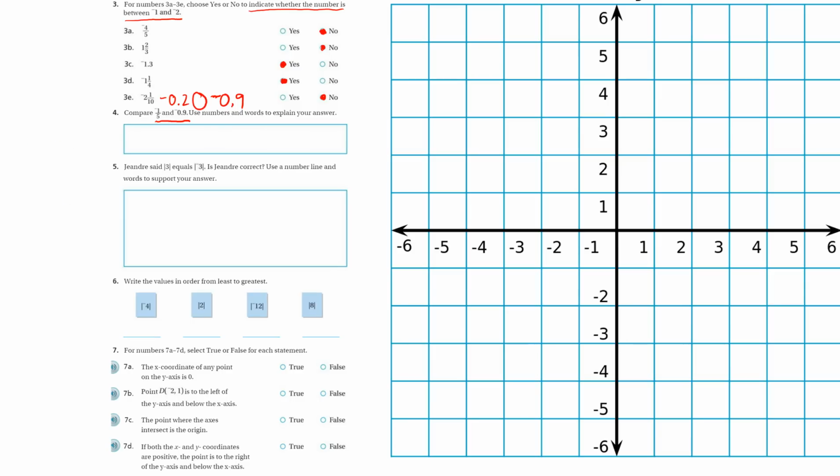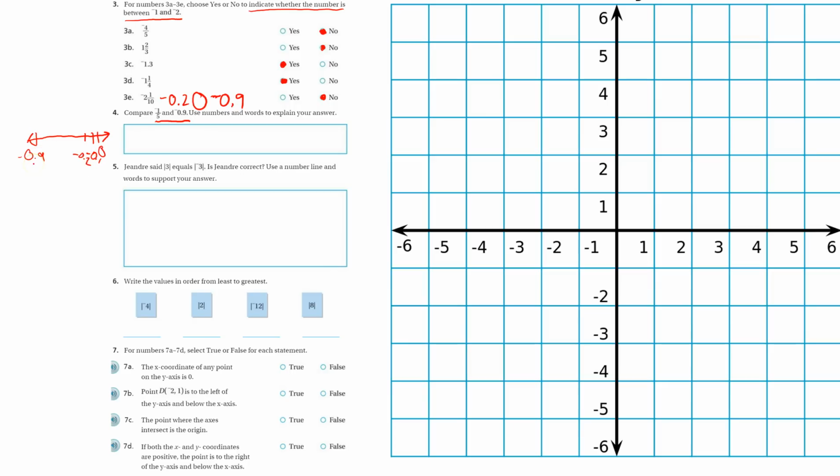Okay. So again, what I want to do here is create a number line. I know I'm working with negatives, so my 0 is going to be over here. And then I'm going to go all the way to -0.9. So right here we'd have -0.1. Here we would have -0.2.